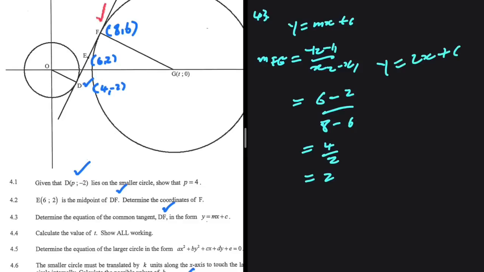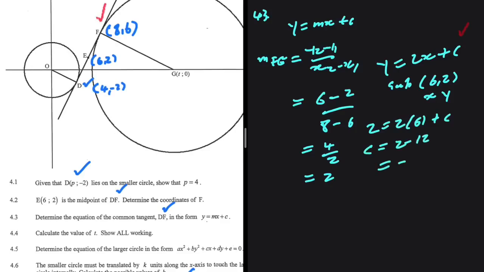Let's substitute our point E. If we substitute E with coordinates (6, 2), we're trying to find the value of c, okay? The coordinates of E give us an x value and its corresponding y value. So we have 2 being equal to 2 multiplied by 6 plus c. It is easy to see that c is equal to 2 minus 12, which is equal to -10.